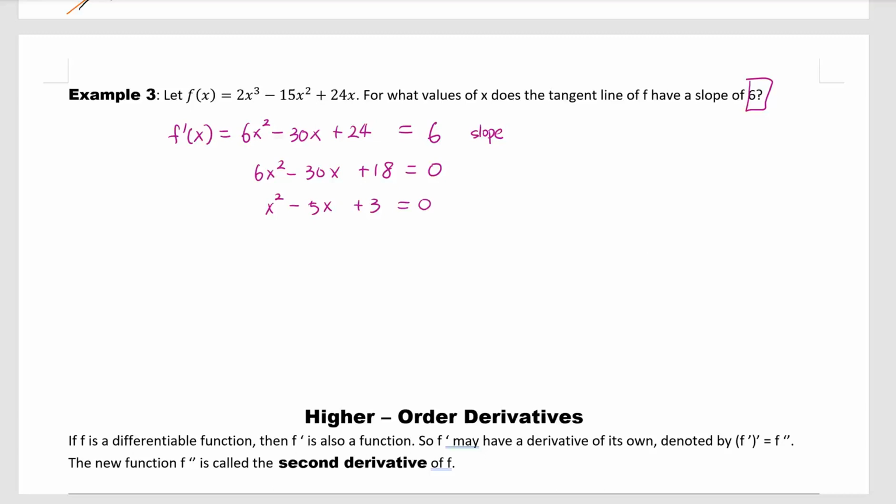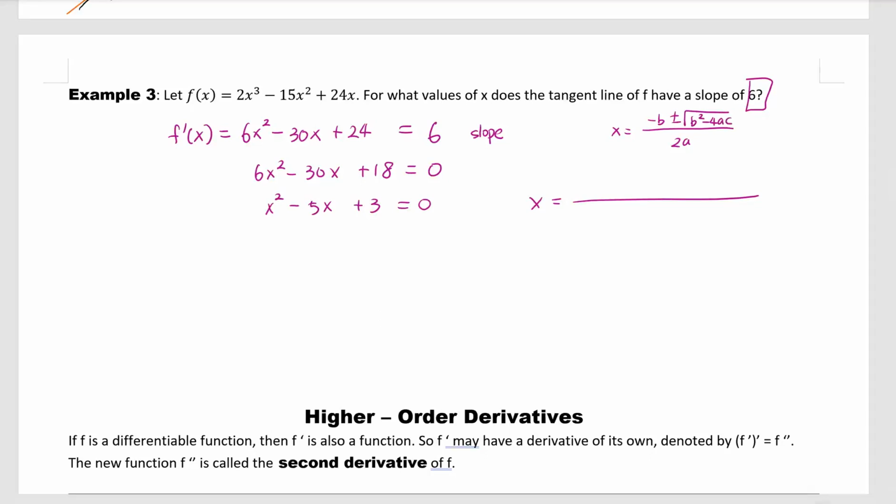Can we factor it? Not really, right? 3 factors as 1 and 3, it won't give you 5. So let's use the quadratic formula. I hope you can memorize the quadratic formula, right? What's the formula? x equals over 2a, negative b plus or minus square root of b squared minus 4ac.